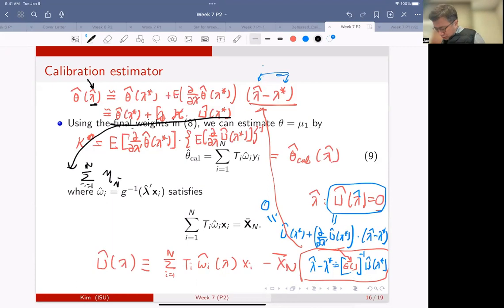So eta i is a function of xi, yi, ti. Then it becomes linearized, and this is sometimes called the influence function.